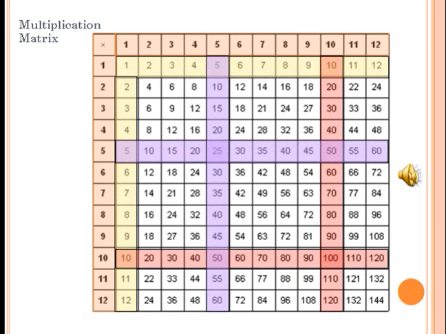Times 5 is just half of times 10. When a student is presented with 8 times 5, we tell them to do 10 times 8, which is 80. And then cut that answer in half. Half of 80 is 40, which is the answer to 8 times 5.